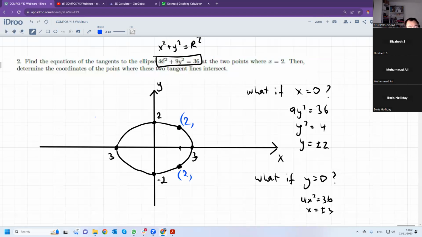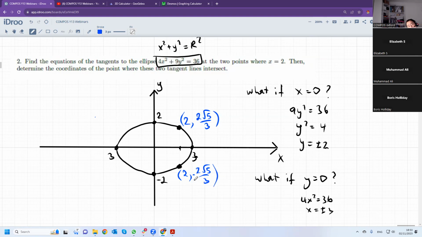You plug in 2. So 4 times 2 squared, 16. 36 minus 16, that's 20. 20 divided by 9. So y is the square root of 20 divided by 9, 2 root 5 divided by 3. So the points are 2, 2 root 5 divided by 3 and 2, minus 2 root 5 divided by 3.